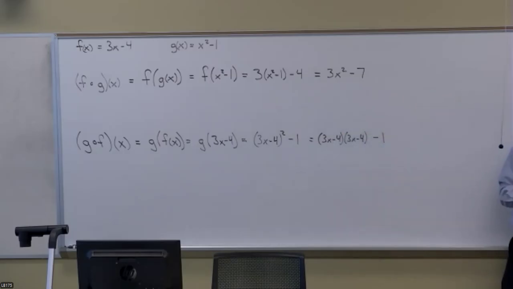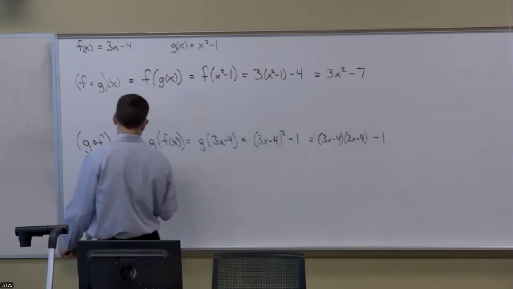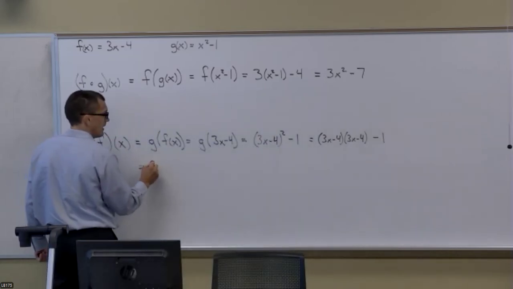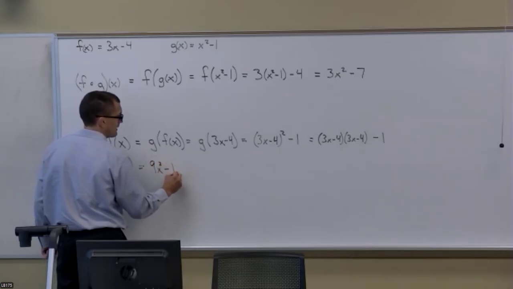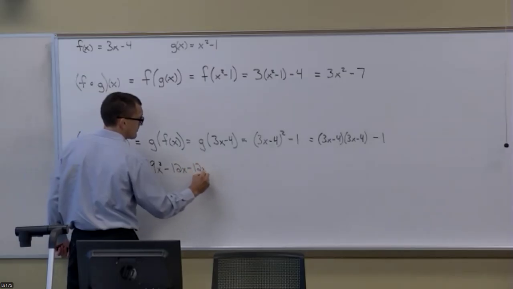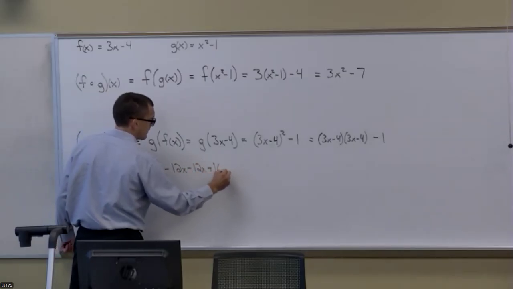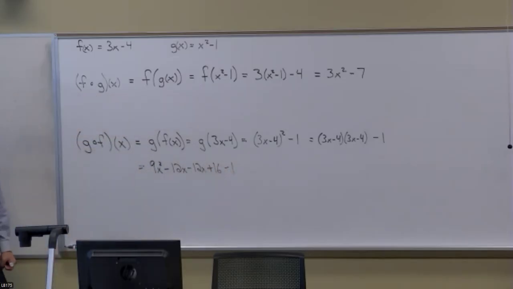Okay, what I'm doing there. I'll simplify that fairly quickly. That will be 9x squared minus 12x minus another 12x plus 16 minus 1. That's what happens when you multiply that through.